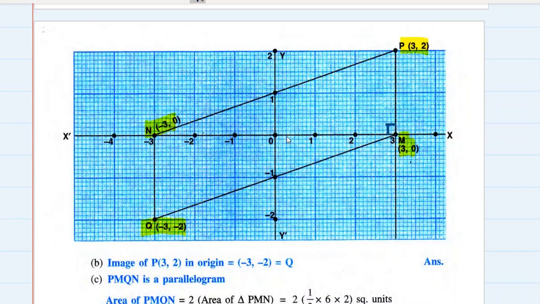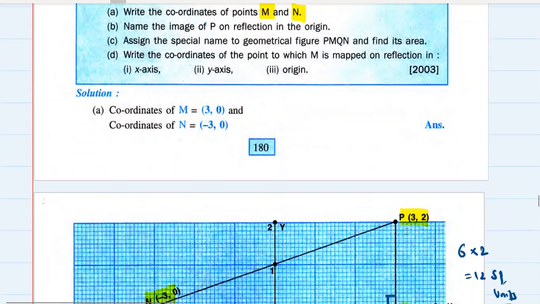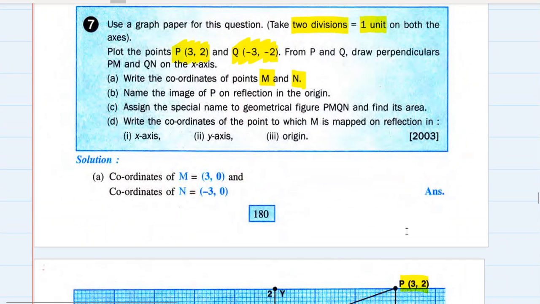MN is one of the altitudes, and if you see, PM is one of the sides. So what is the length of MN? MN is 1, 2, 3, 4, 5, 6 units long. 6 multiplied by the base, that is 2 units. So that is 12 square units. Okay, that is the area of the parallelogram PMQN.